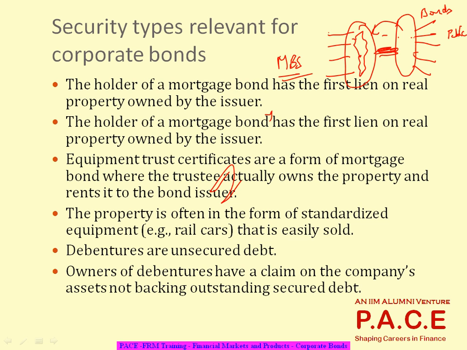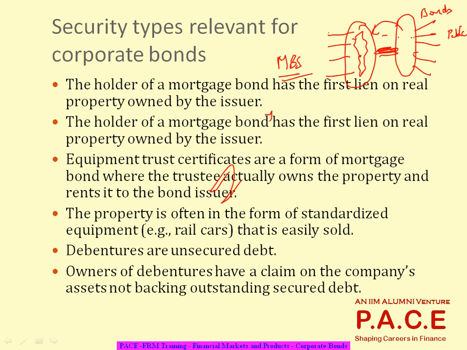Then there could be some other form of mortgage bond, which are equipment trust certificates. The trustee will actually hold the property and rent it to the bond issuer. So this entire thing is held with a trustee. The trustee will have the ownership of the properties.